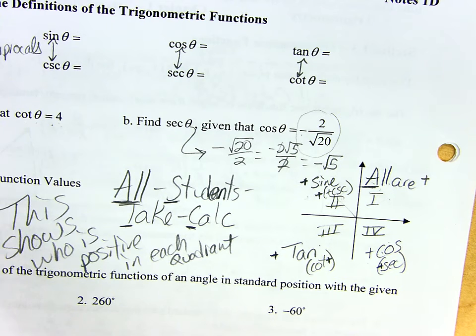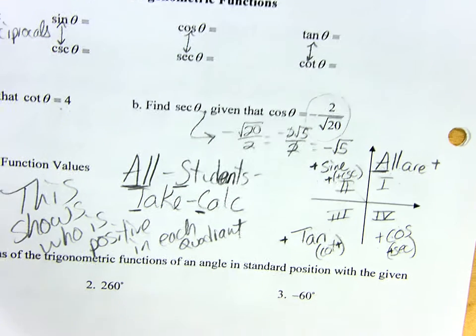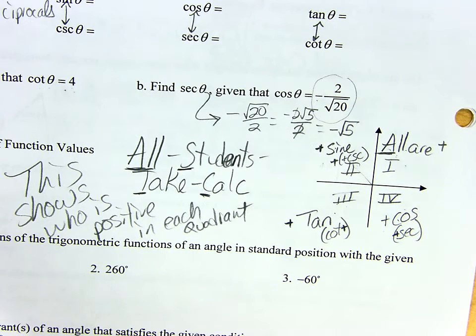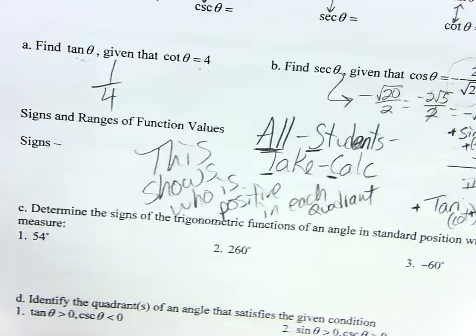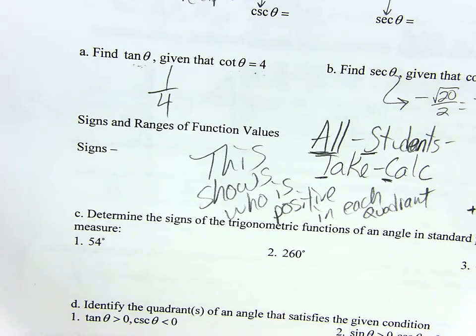Everybody's all right? Okay, so let's see if we can work ourselves through C, and then I think we can do C and D, and then we'll stop there. All right. So C says, determine the signs of the trig functions of an angle in standard position with the given measure.